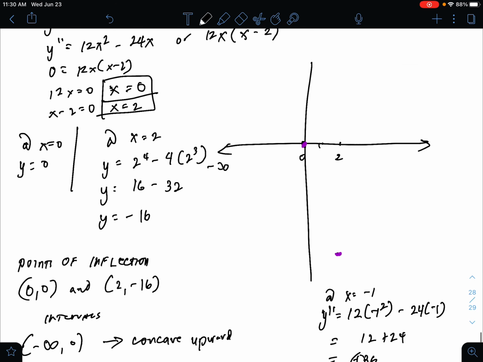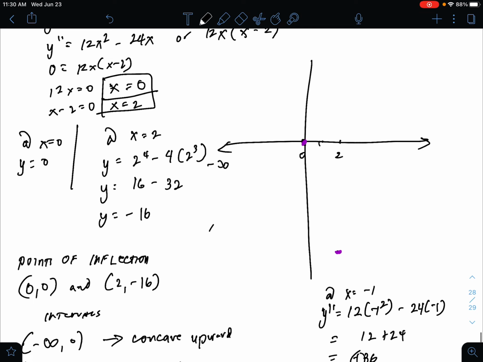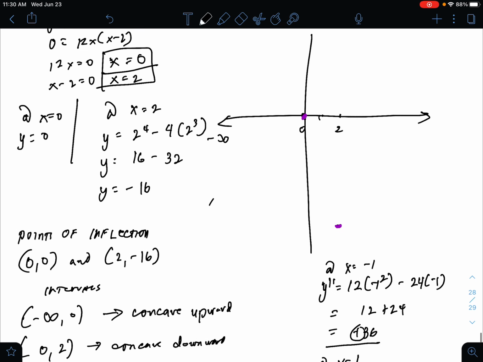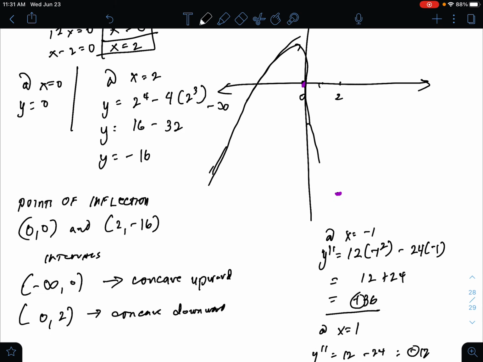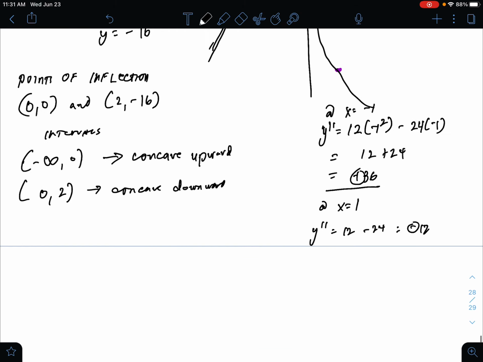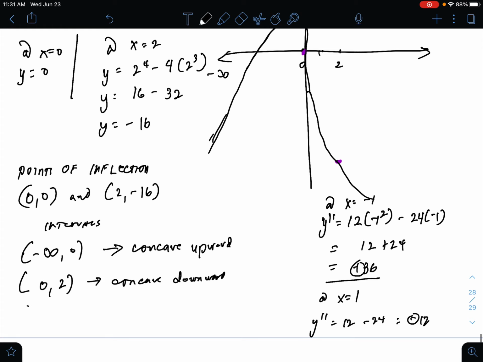So upward daw ni upward. Dari upward daw dari. Tapos diri nag-downward na sa 0 and 2. Perfect graph, no? And then, from 2 to positive infinity.